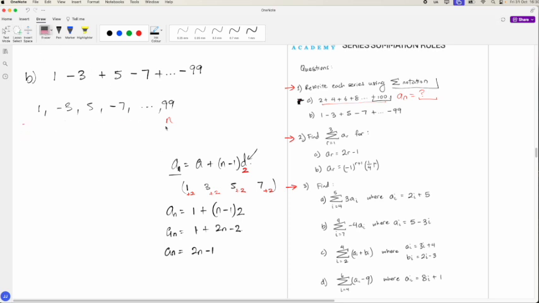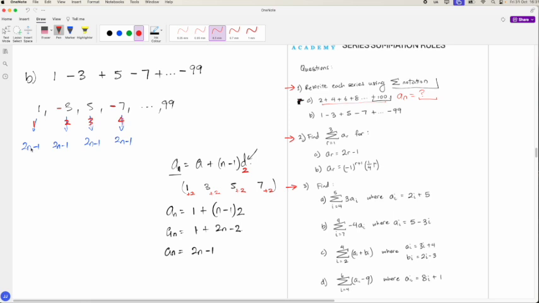So now, let's compare it with this sequence here. Each one of these things, if we're just ignoring the negative, is supposed to be 2n minus 1. So this is 2n minus 1, this here is 2n minus 1, this here is 2n minus 1. In this case, n is 1, n is 2, n is 3, and n is 4. If we ignore the negative signs, we'll see that it'll work.